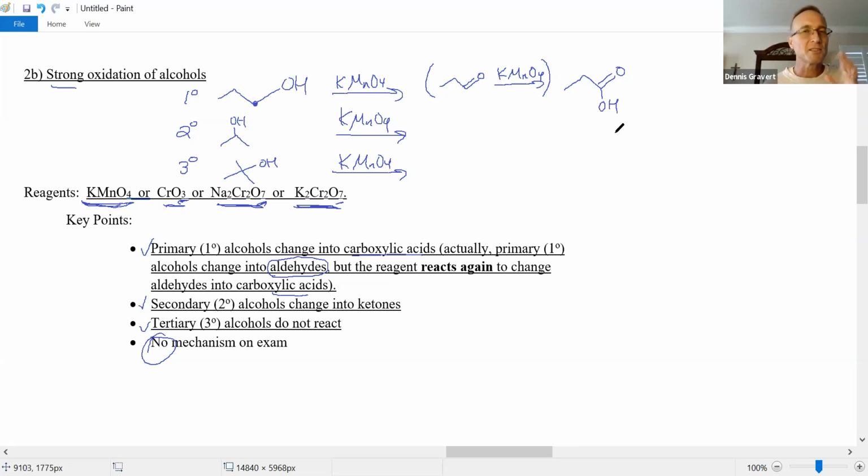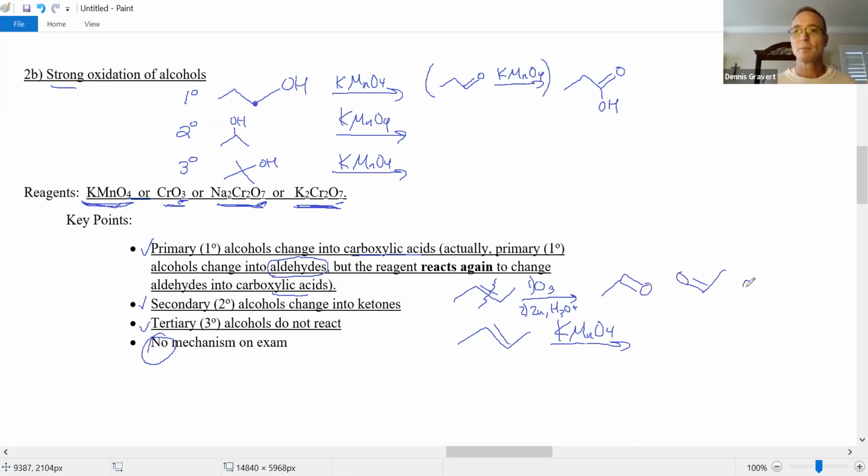Are some of you getting a little deja vu? We've seen that before last semester. What if you had an alkene and you treat it with permanganate? Well, more review. If we had ozone followed by zinc and acid, you just do your karate chop, cut the alkene in half, and then stop the bleeding with some cotton balls, and you get a pair of aldehydes.